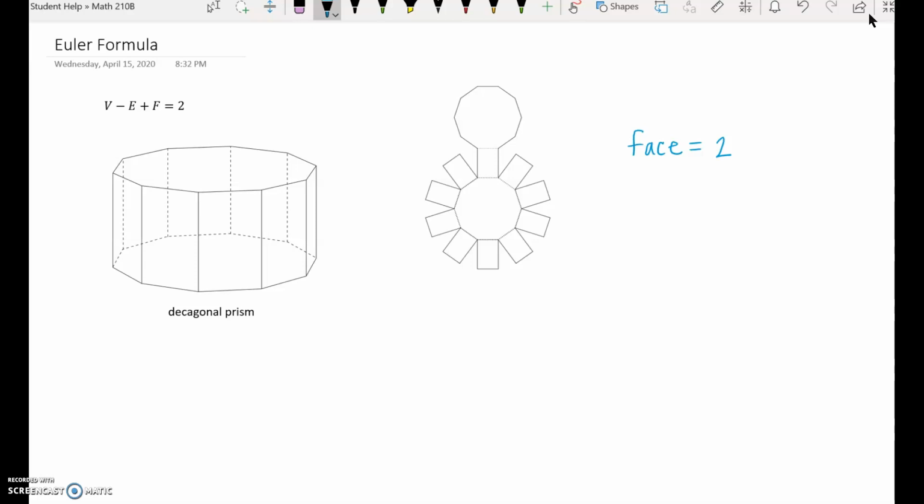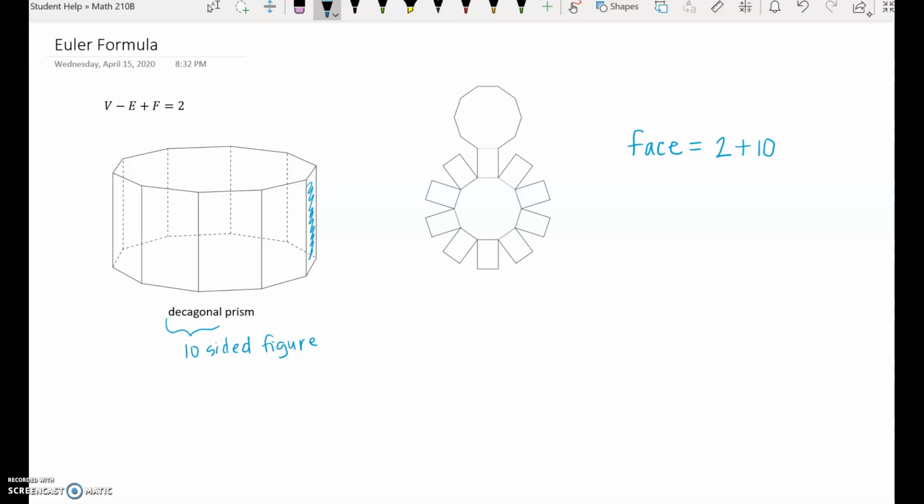And then the lateral faces is going to match the number of sides in the base shape. So since a decagon has 10 sides, that means that we're going to have 10 of those rectangular faces on the sides. So we're going to have 2 plus 10 in this particular case.